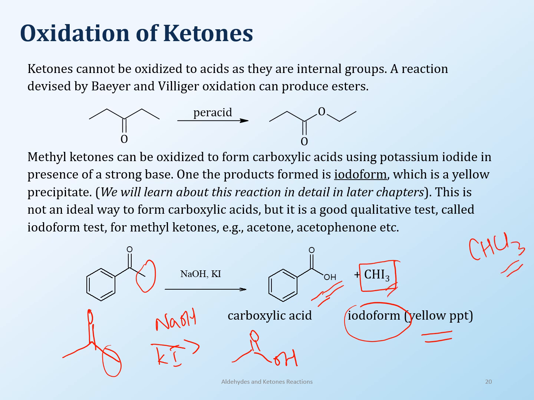And so you end up forming iodoform, which is so heavy because of iodine, and it's actually a solid. Okay, and so this iodoform test is used generally in the lab to figure out if you have a methyl ketone or not. Okay, so it's not particularly a reaction used for oxidizing, but that's the reaction that is happening in there. So otherwise ketones, really you can't do a whole lot more, okay, with ketones.